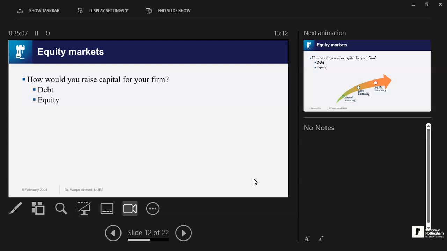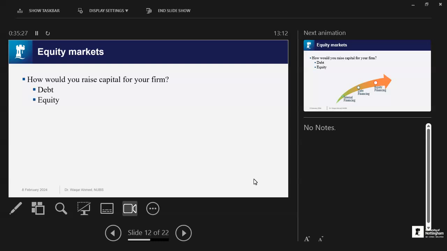Let's say you have a really good investment opportunity and you need 100 million. How are you going to raise that 100 million? Are you going to use debt or equity to invest in that positive NPV project?